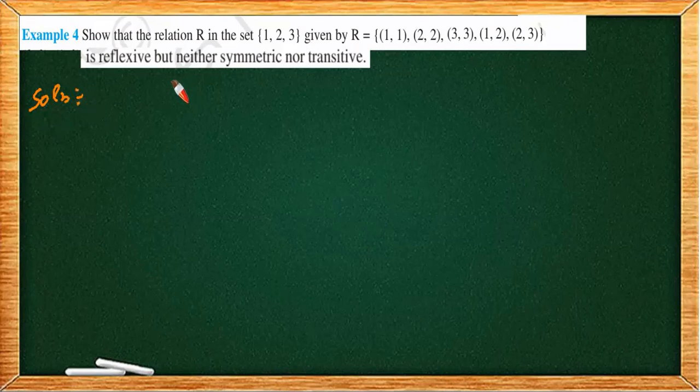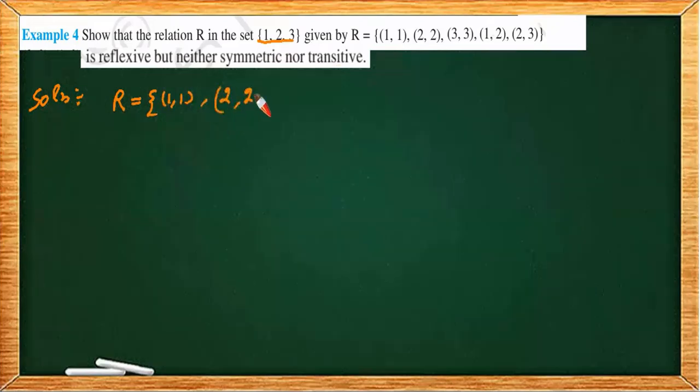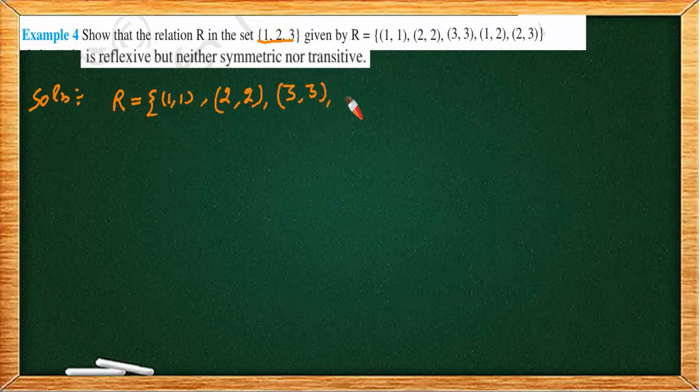Here, R is defined on the set {1, 2, 3}, and this relation R is given in tabular form. So the relation R contains the ordered pairs (1, 1), (2, 2), (3, 3), (1, 2), and (2, 3).